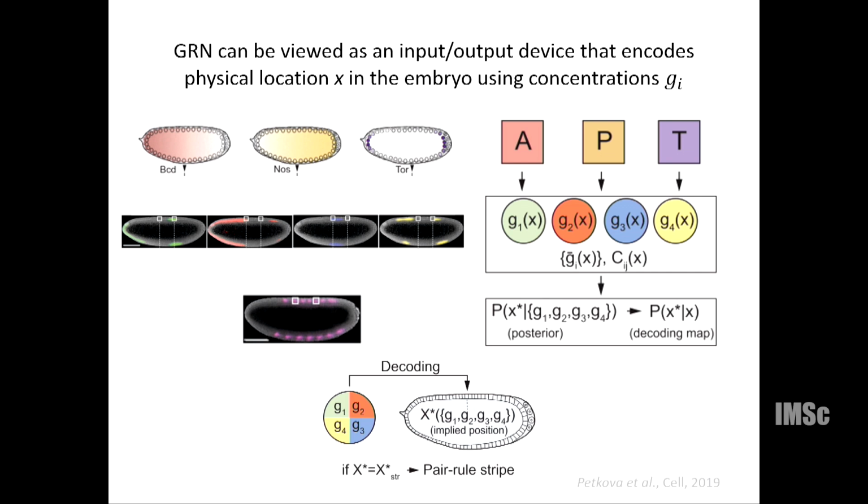You could then construct with the Bayes rule the posterior, and at the end you get the decoding, where the idea of decoding is that if your predicted fate corresponds to the position of the stripe in the wild type that was used to construct this decoder, you predict there should be a stripe at this position.